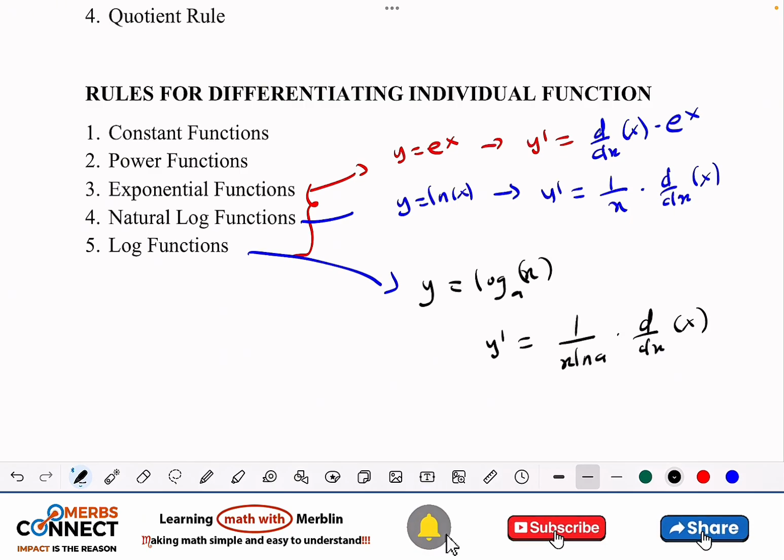So these are the new three things that we've added to the rules for differentiating individual functions, right? So have it in mind. We can have a constant, we can use the power rule, we can have an exponential function, natural log function, and then log functions too.